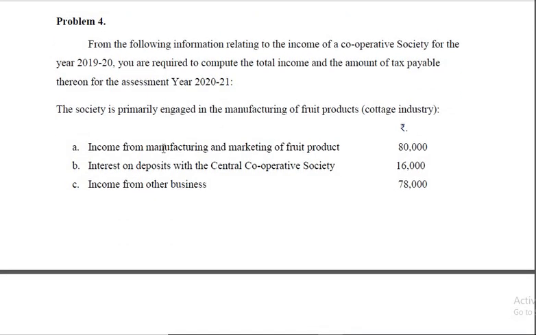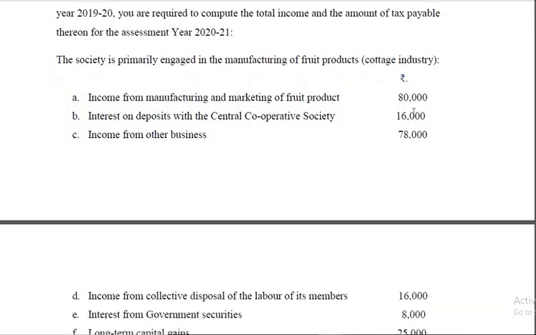Now, we'll move on to another problem. From the following information relating to the income of cooperative society for the year 2020, you are required to compute the total income and the amount of tax payable thereon for the assessment year 2021. The society is primarily engaged in the manufacturing of fruit products, that is considered to be a cottage industry. It is given in the problem.